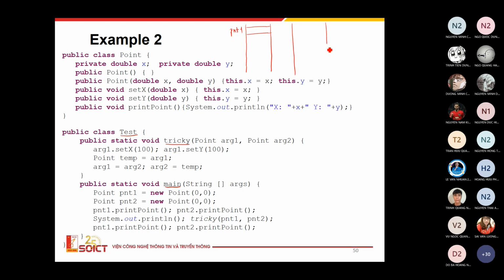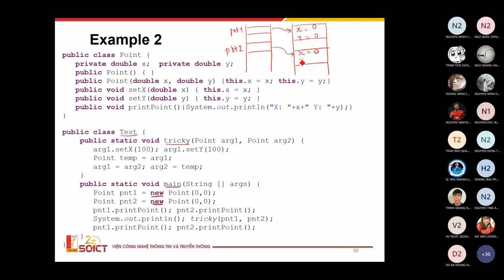In the heap, it will create a new object with the values x and y equal to 0 and 0, and it refers like this. This is for PNT1, and the same for PNT2. It will refer to a new one. That means the two references are different.